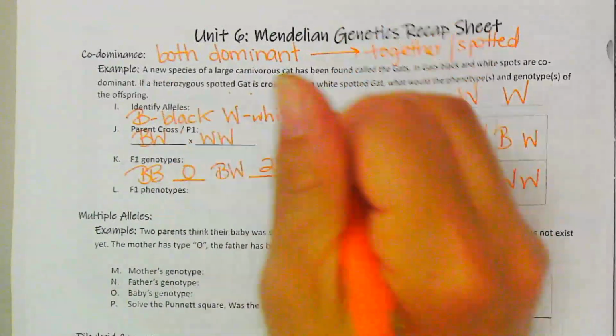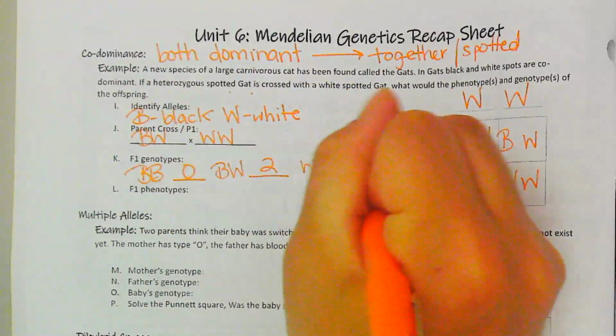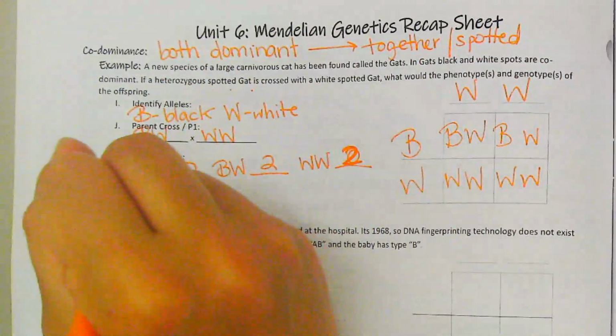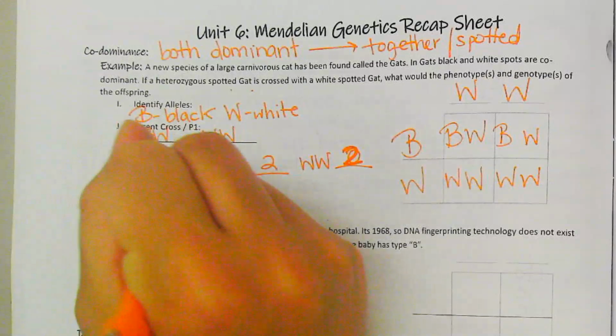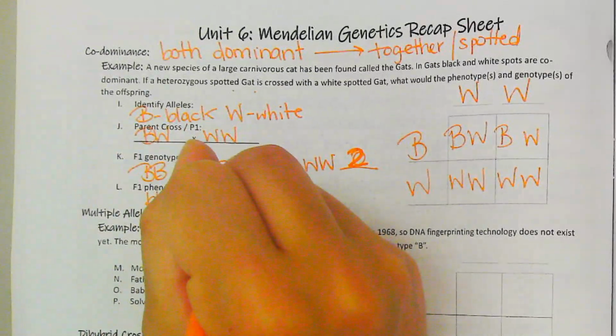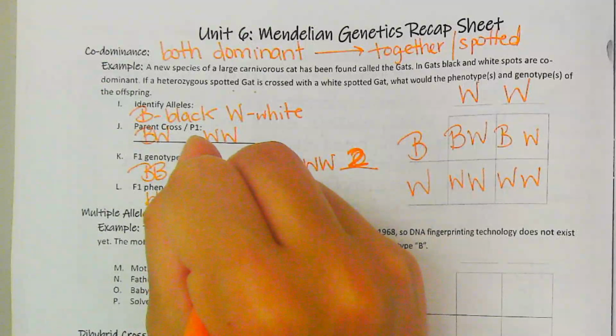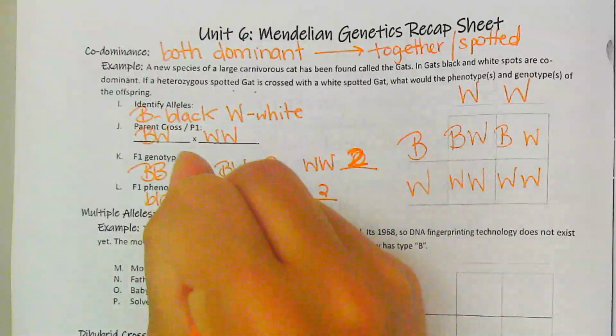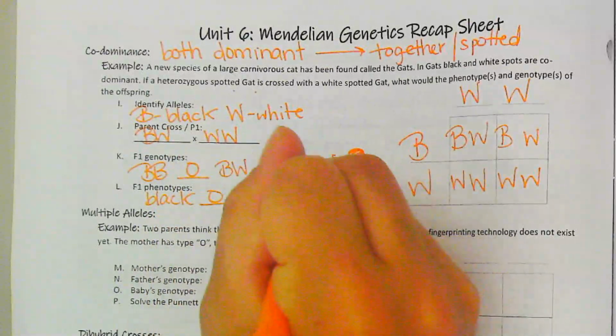Oops, messed up. It's 2. 2 are homo for W. So 0 black, spotted 2, white 2.